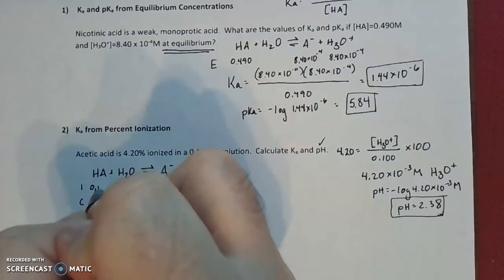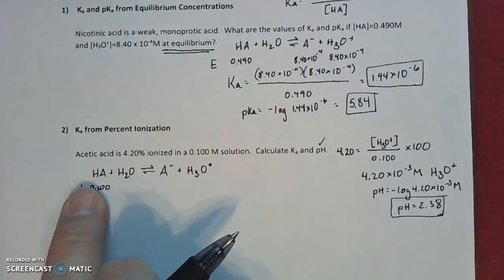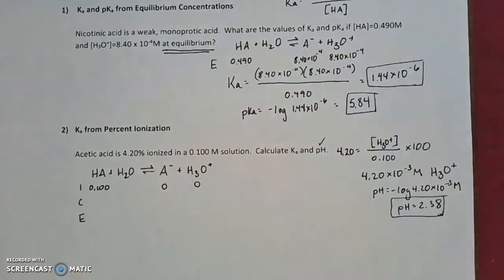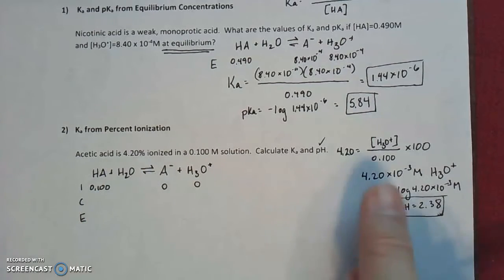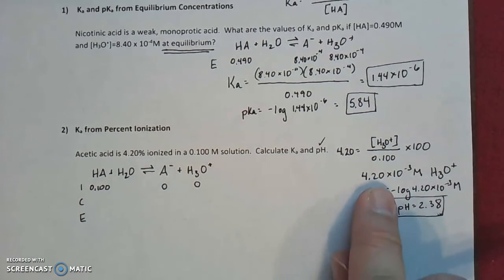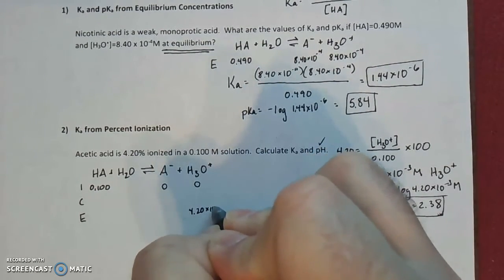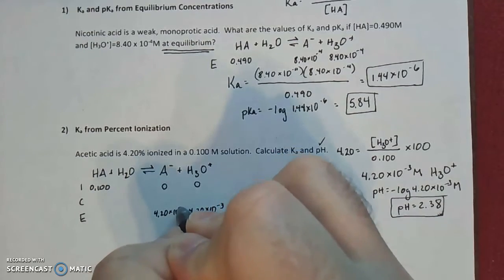We know this value here, our original concentration of acetic acid, our HA. We know that initially we're not going to have any of these. But we know that it's 4.2% ionized. 4.20% of 0.1 is this value that we calculated here. So that's our equilibrium value, and that will be the same for A minus.